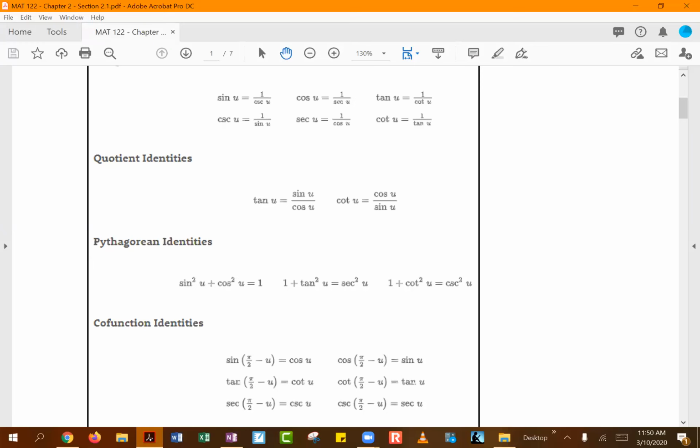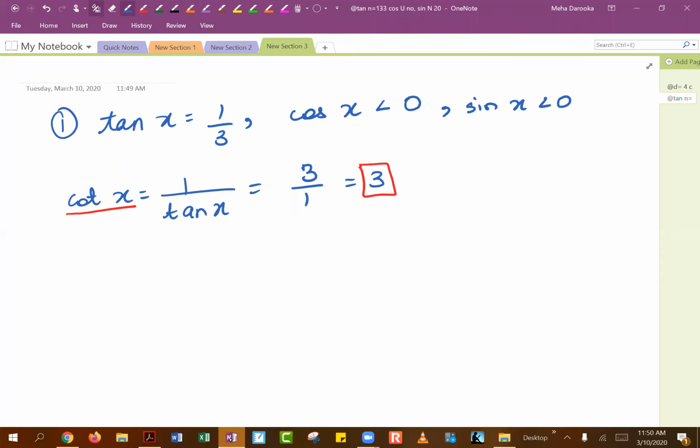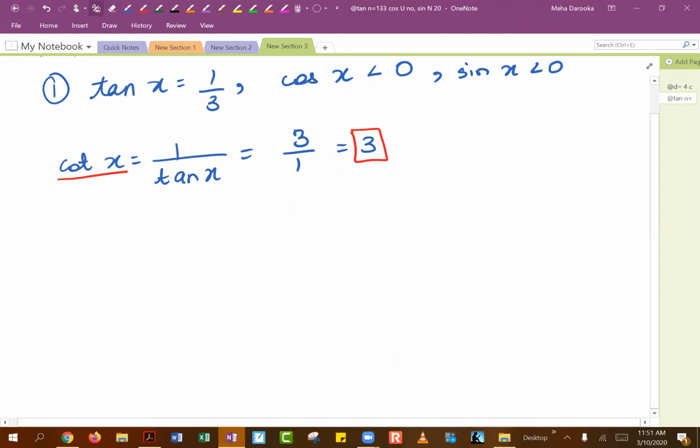All right, so let's do that next. So we've got 1 plus tangent squared of u equals secant squared of u. Tangent is 1/3. Square that.